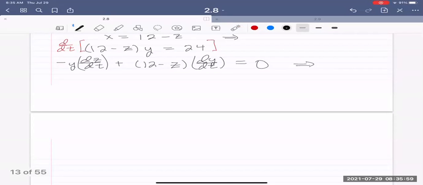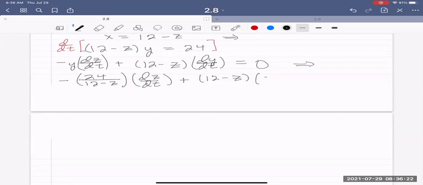So I can write y as 24 over 12 minus z, dz dt plus 12 minus z dy dt.